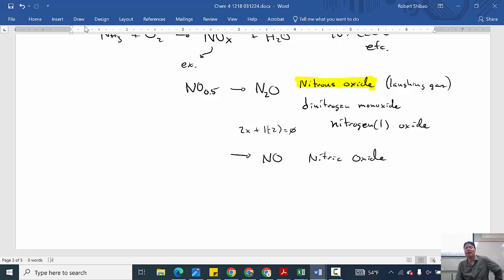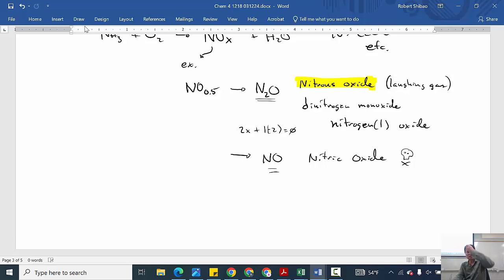Nitric oxide, have you heard of it? What do you know about nitric oxide? Nitric oxide is poisonous. So you wouldn't want to capture the emissions off the tailpipe thinking you're going to get laughing gas, because you might get nitric oxide. And so you should be careful.